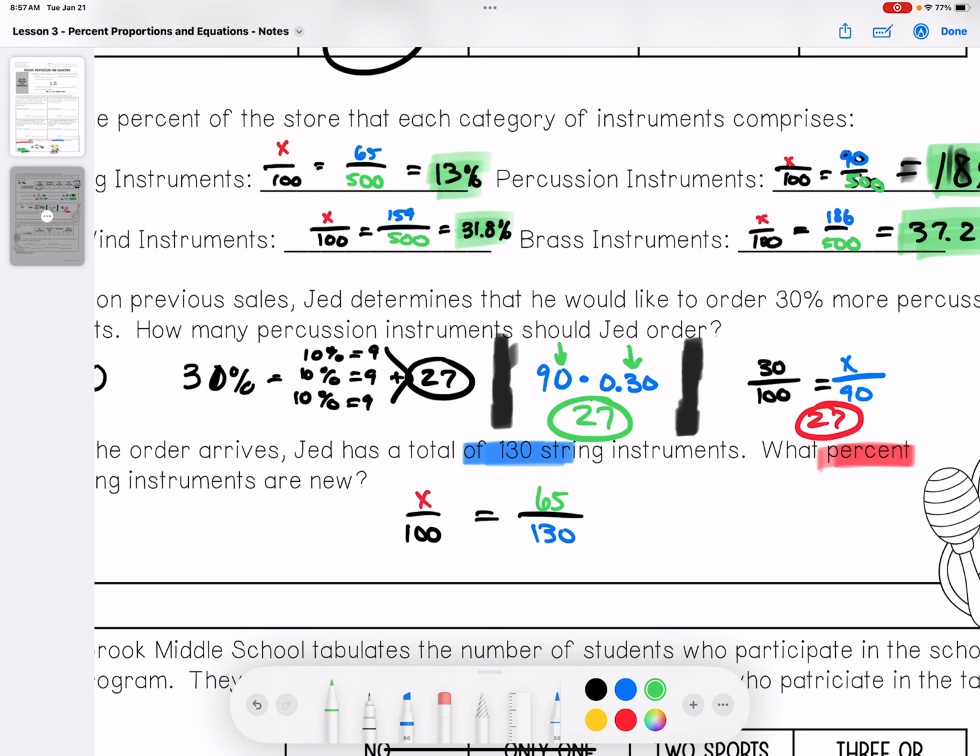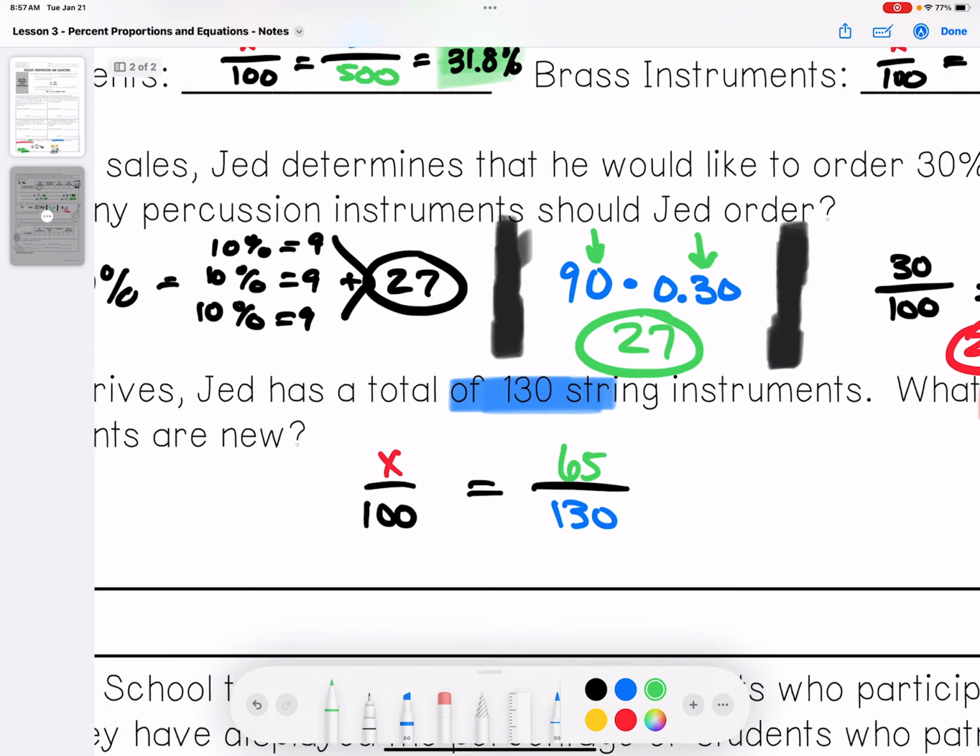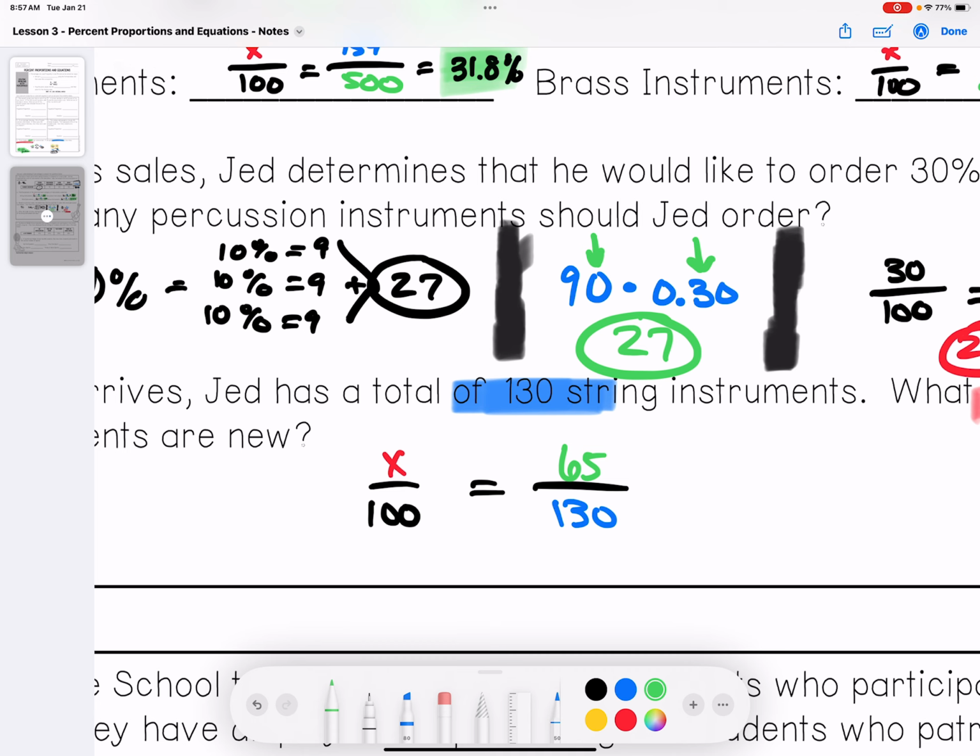All right, welcome back. Here's the way I would have done it. I would have said 100 to 130 is times 1.3. Then divide by 1.3, and you would have gotten 50 as your answer.